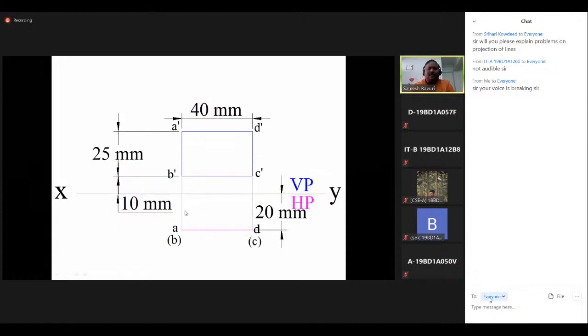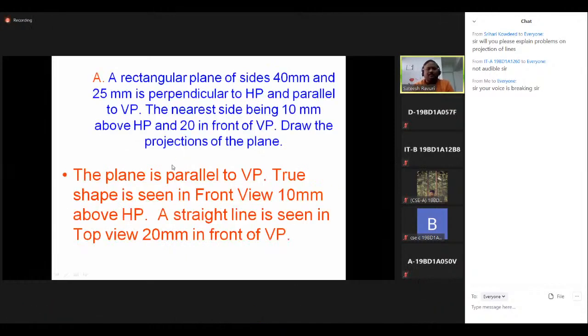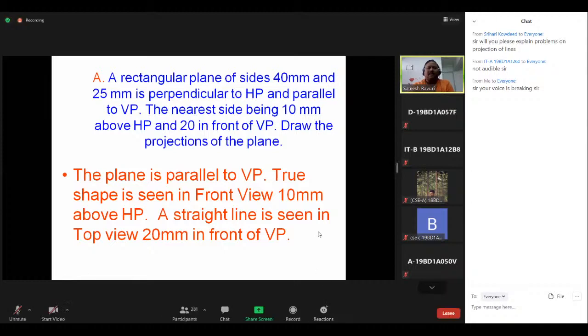And subsequently, 20 mm interval should be taken to draw the top view, because if you observe the problem, a rectangular plane of sides 40 and 20 mm is perpendicular to HP and parallel to VP. So in the first statement, we can understand that the plane is perpendicular to HP. So we will get the line on HP and it is parallel to VP. So we will get the rectangular plane itself on VP. Now the question is how to draw or where to draw.